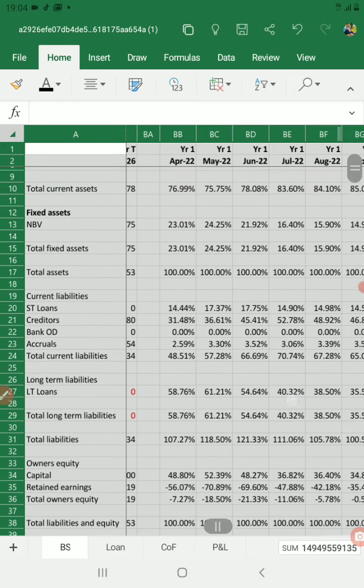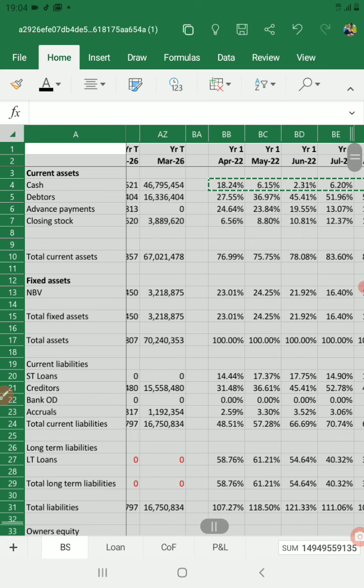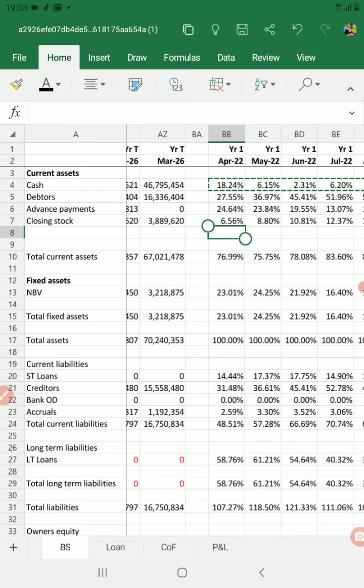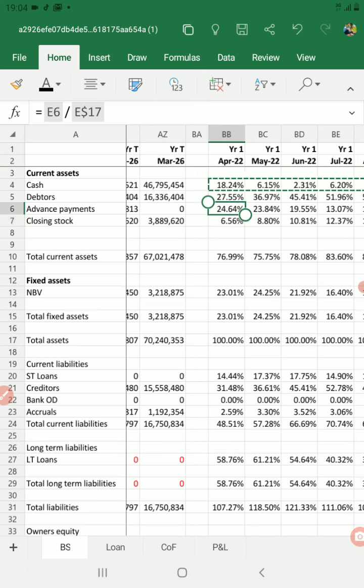So we see all the line items have been converted into percentage terms using total assets as a base figure, and this shows now a percentage of each line item compared to total assets. So for each dollar of total assets invested, how much is invested in cash, in debtors, in advance payments. Okay, so you get the percentage there.